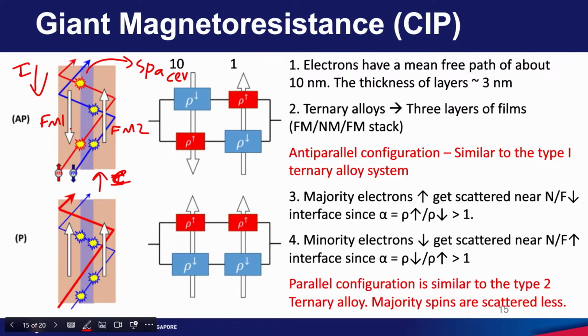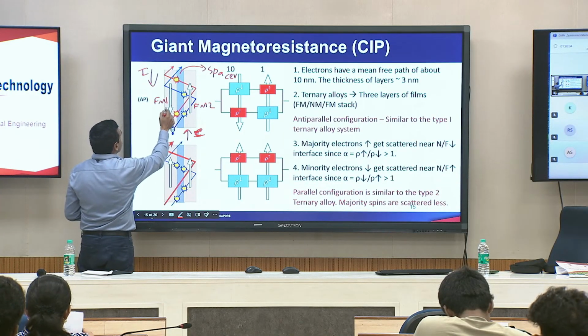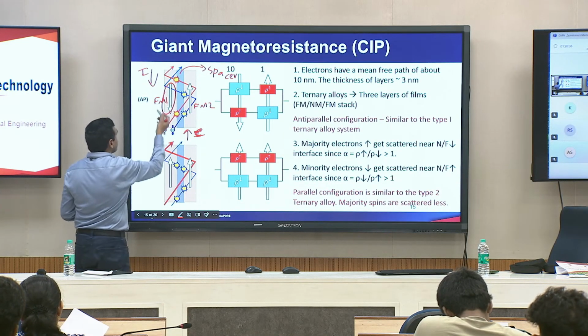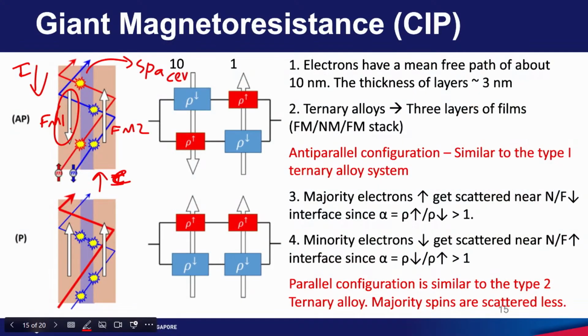Okay, so, now remember everything that we learned. We have learned too many things. So, now as far as this ferromagnetic layer is concerned, let us say you have these two electrons. So, this electron is minority here. Okay. In this layer the magnetization is anti-parallel to this electron, this is minority.